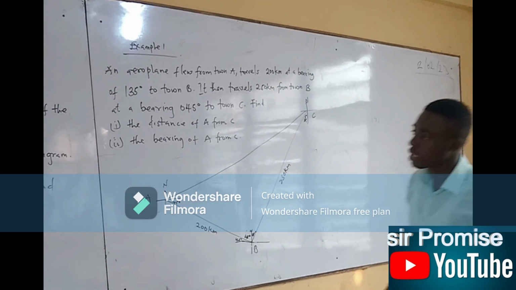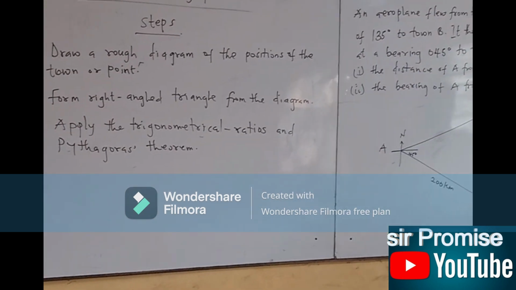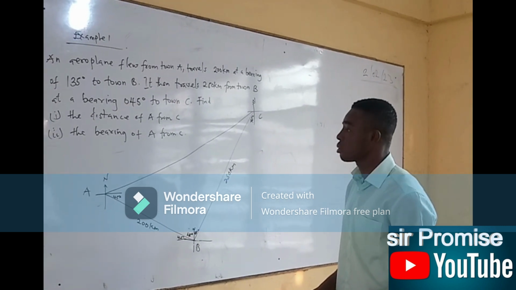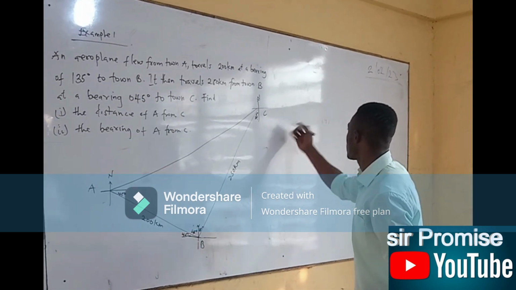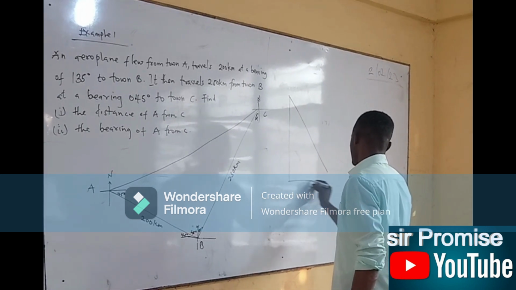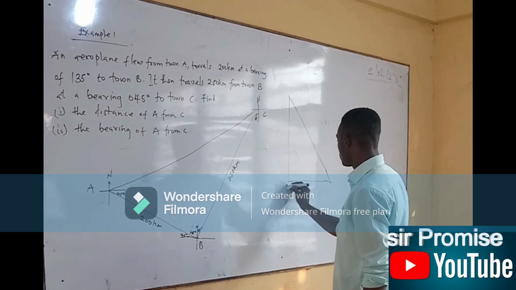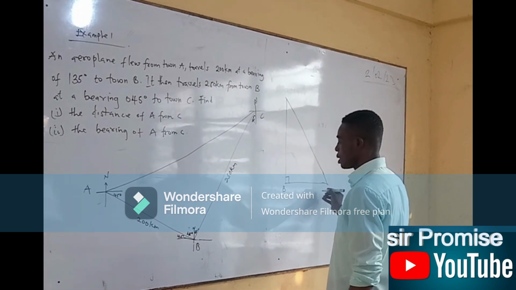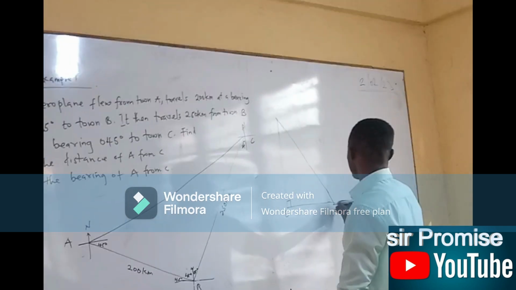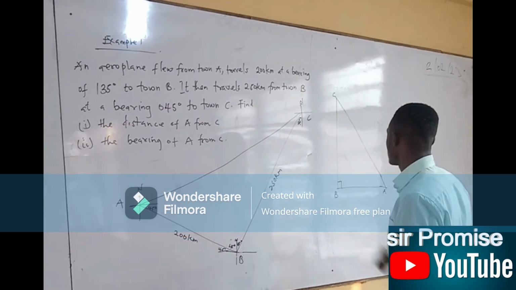Okay, so we have this. And the second rule that they were saying is that we should form a right angle triangle from this one. Because we have 90 degrees here, our right angle triangle is formed. So we can draw it in a simple way. So we have B to be here, the 90 degrees, and we have A here, and we have C to be here.